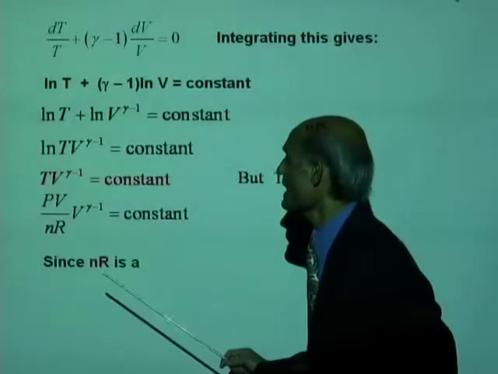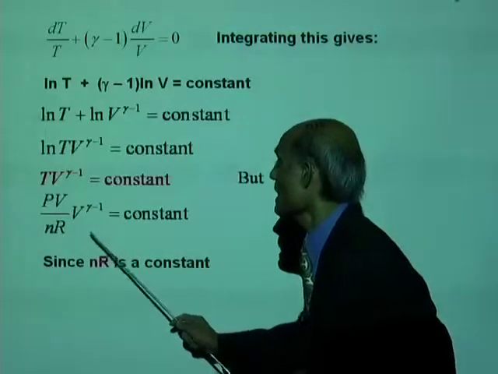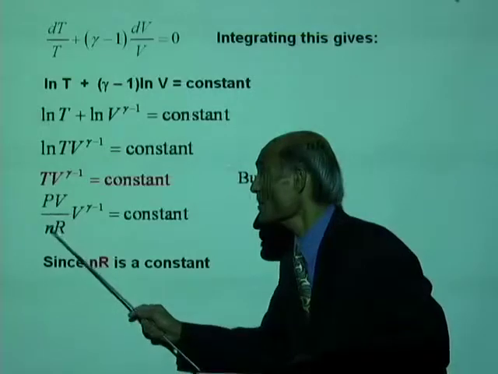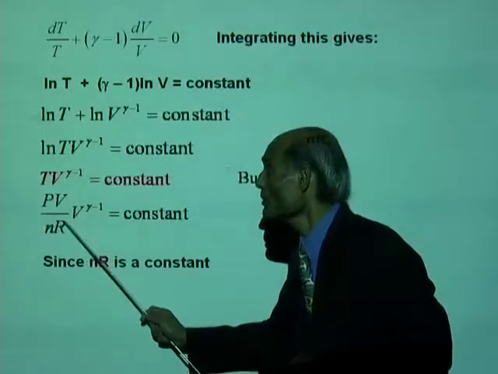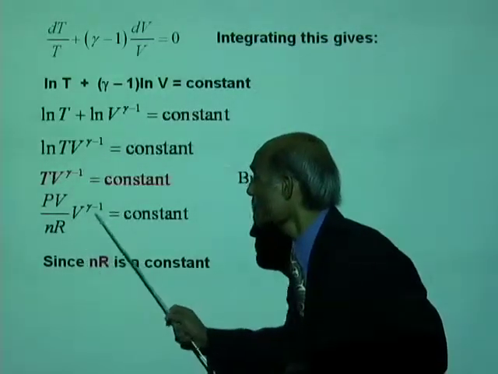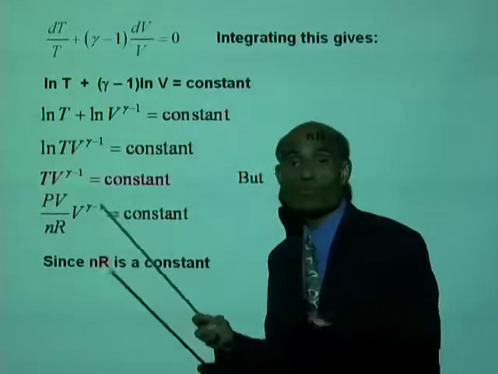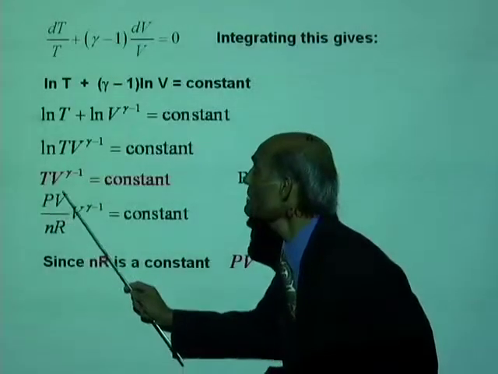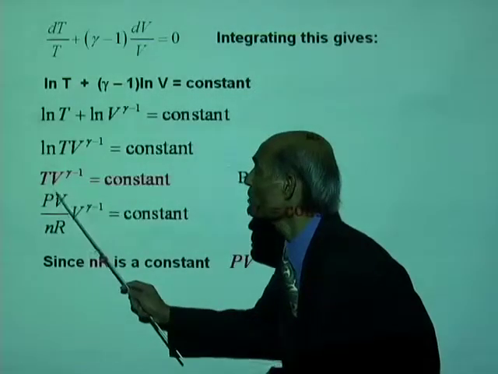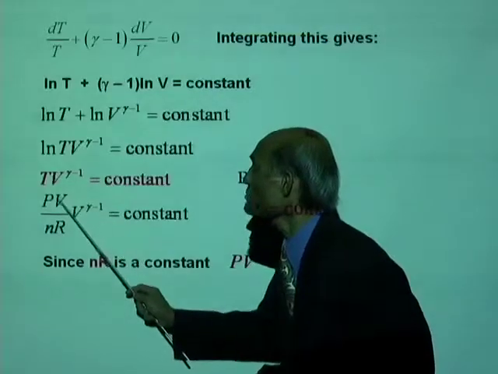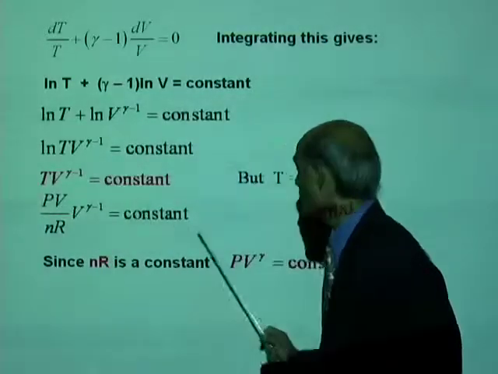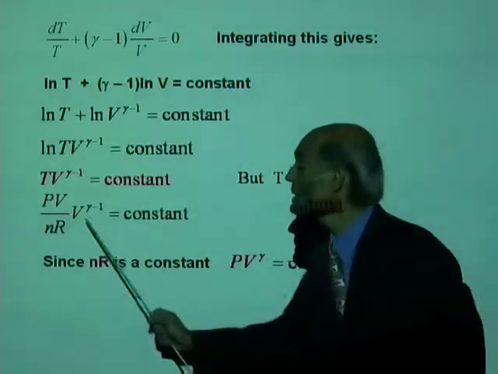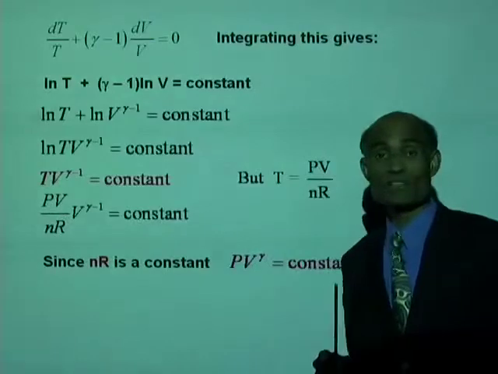Also nR is a constant, is that right? So we can multiply this nR with a constant, which will still be a constant. That means we get PV to the power of gamma is a constant. Why? Because nR is a constant.